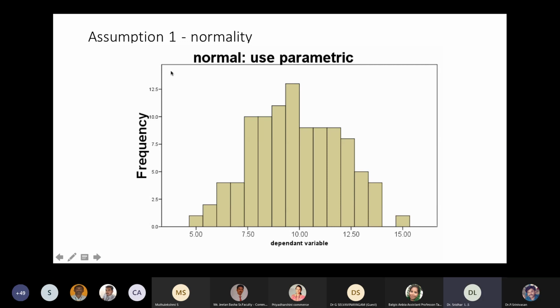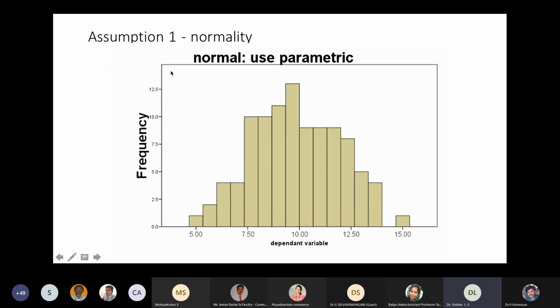Yes, sir. So you can see the normality, how it is normally distributed. This is a histogram, a diagram which you can plot, and more or less you can see that it is normally distributed.